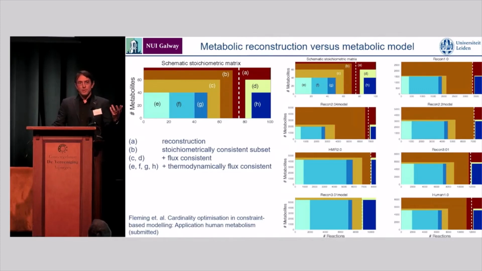And when you want to make sure that every flux can be thermodynamically consistent, you get a smaller set of reactions again. So this figure here just illustrates those subsets for different human metabolic network models. And in particular, I draw your attention to the comparison between Recon3 and Human 1, which just shows that it's not really any difference of 70-odd reactions or so.